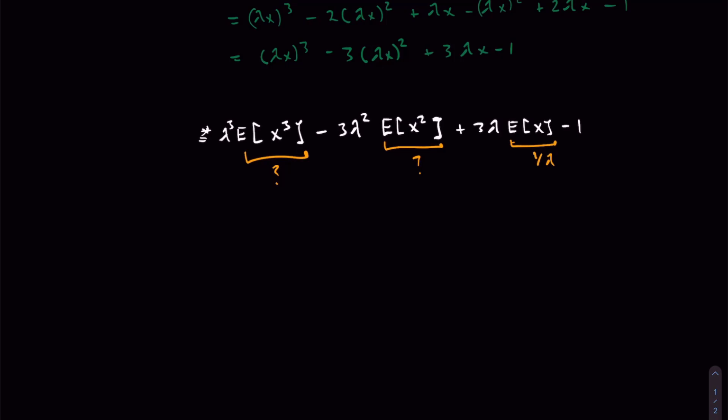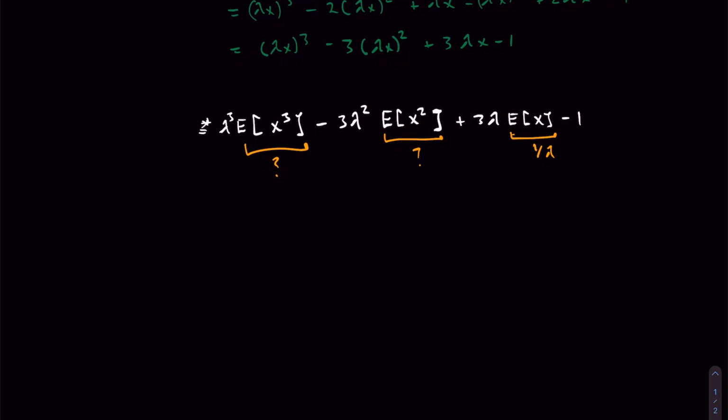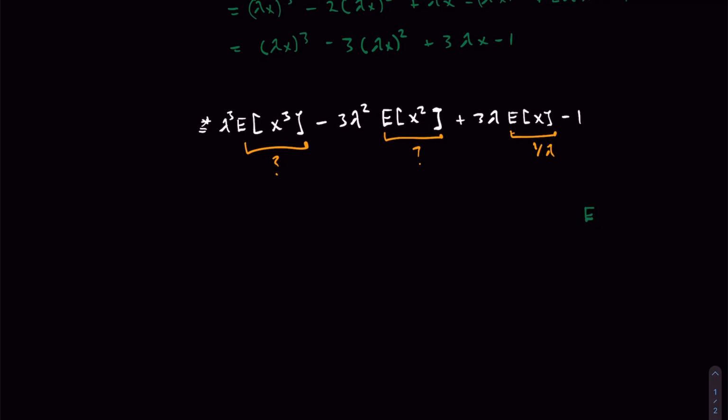We rely on the hint, using the MGF of the exponential, to get that the first moment, the expectation of X, is 1 factorial over lambda.